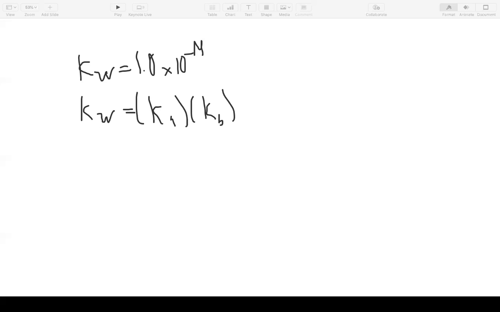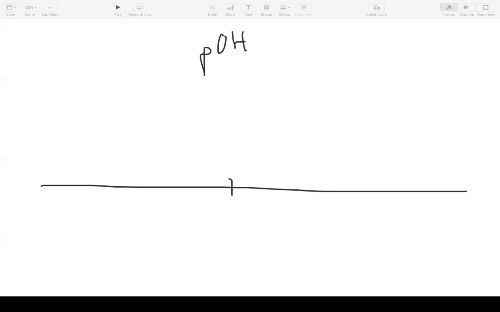What else? Okay, if I were to give you this graph of pOH, here we have 7, here we have 14, here we have 0. If we have a substance that falls right here, is it acidic or basic?